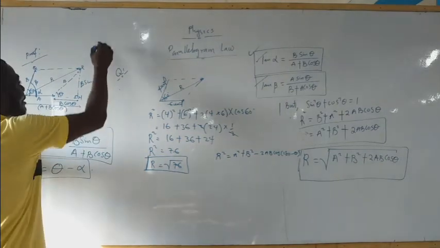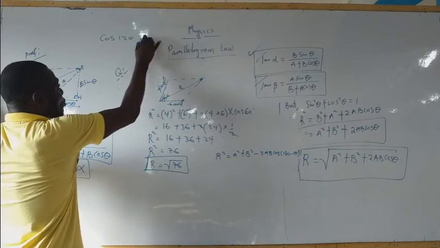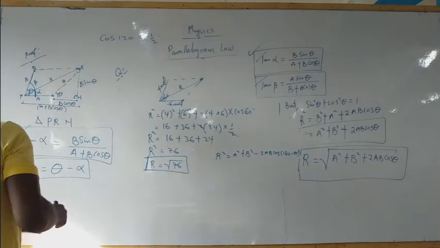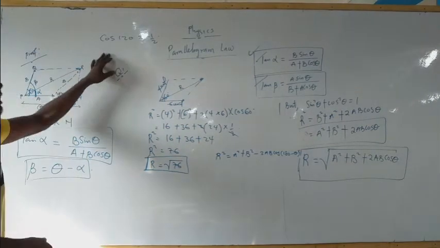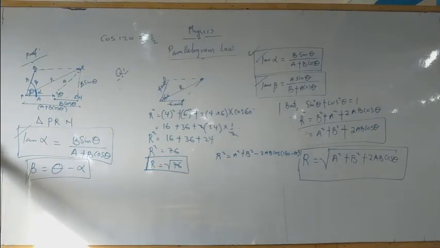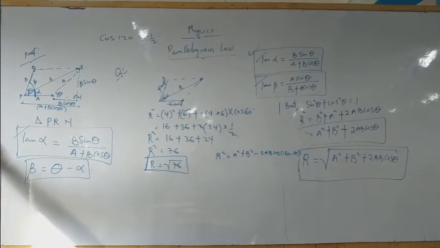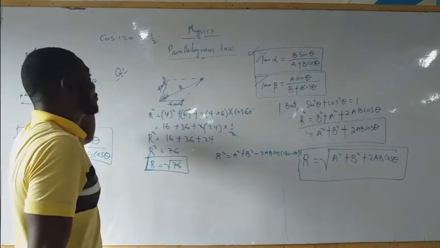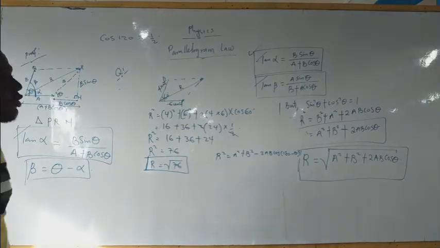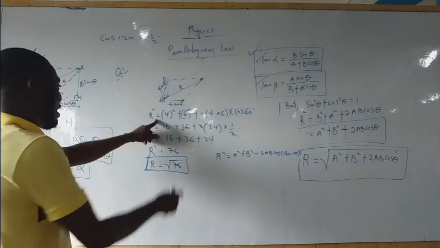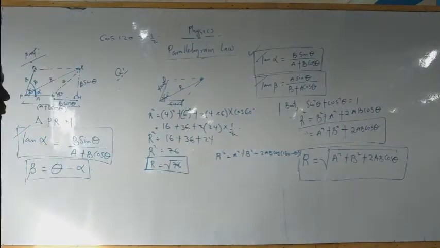Cos 120 degrees is equal to minus half, because 120 falls in the second quadrant, where only sine is positive, and cos and tan are negative. So minus times minus gives us plus. Take note of that.